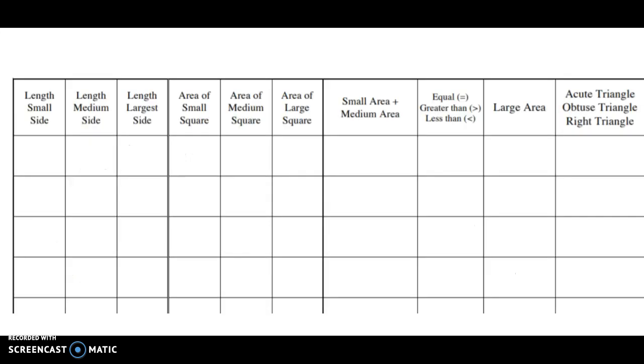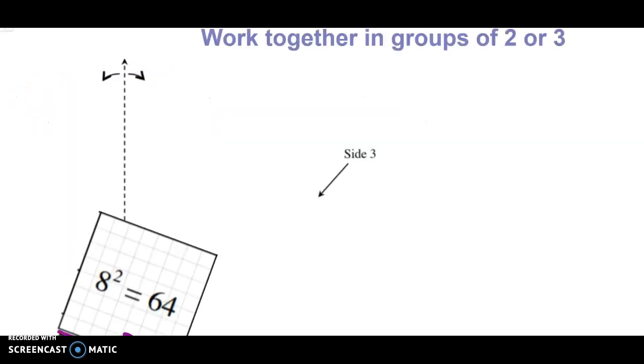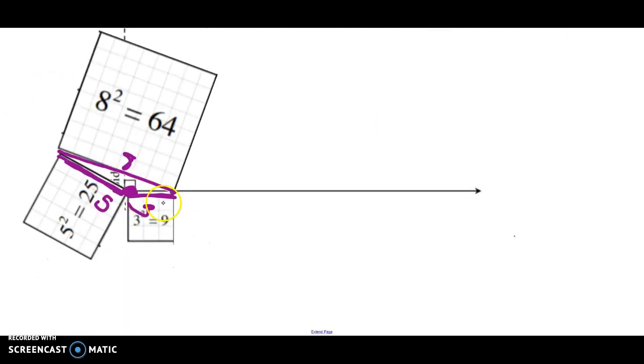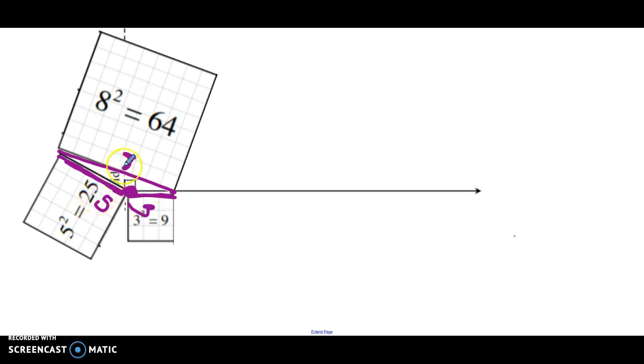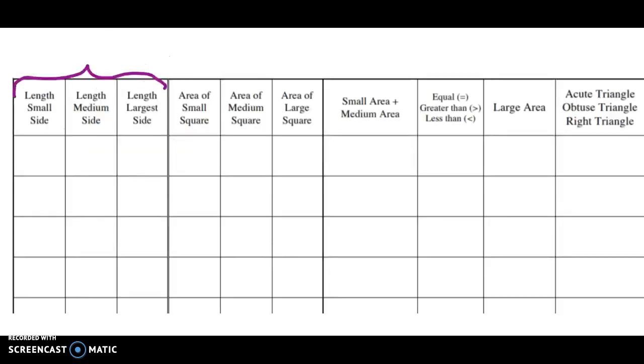Then you should have a paper that looks like this, and all we're going to do is fill it out using those triangles. We're looking for the lengths of the small, medium, and large sides. So I can see that 3, 5, and 8 are my lengths, and I'm going to write in 3, 5, and 8.